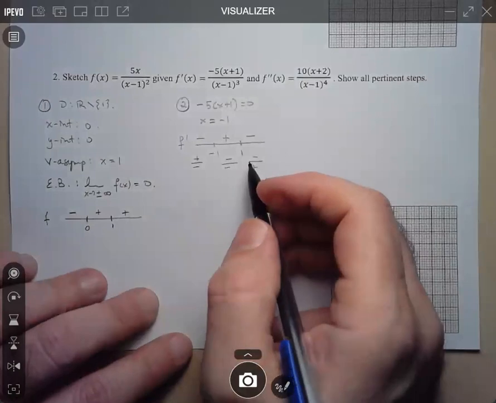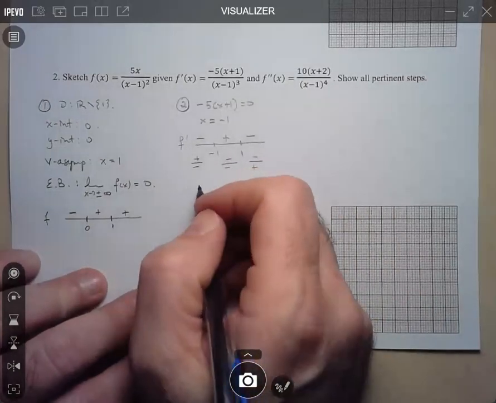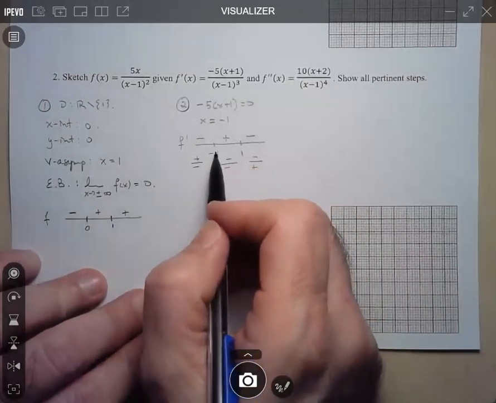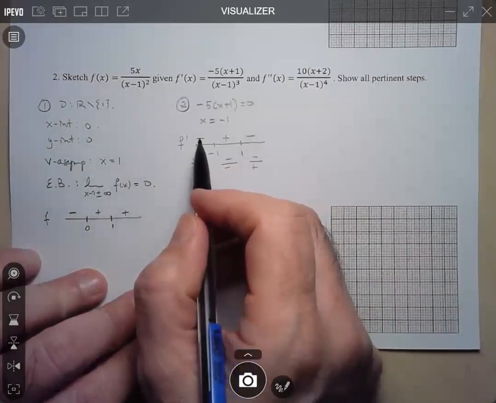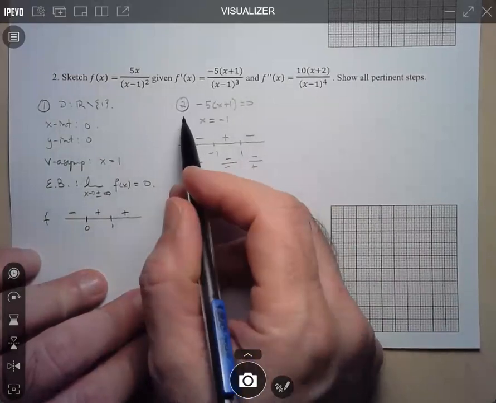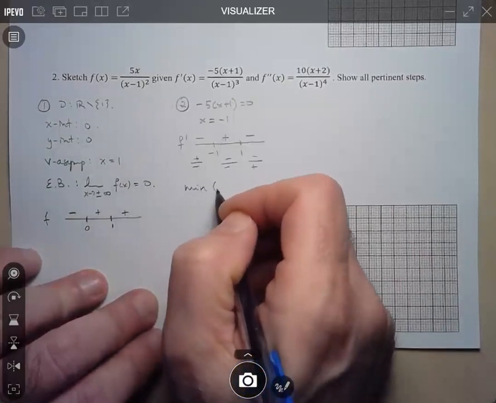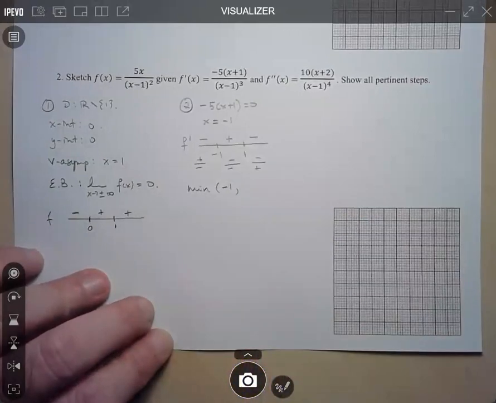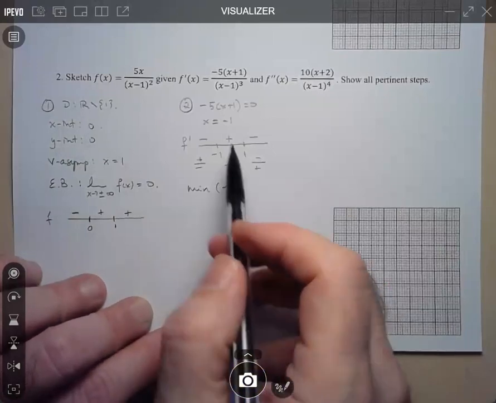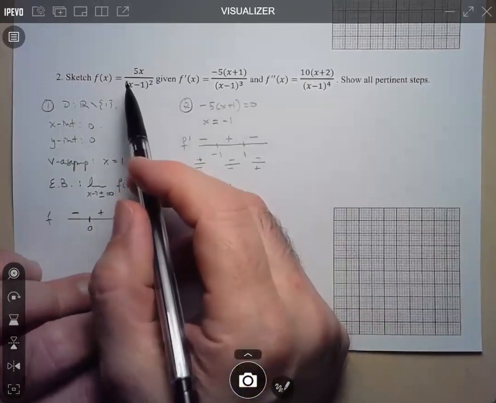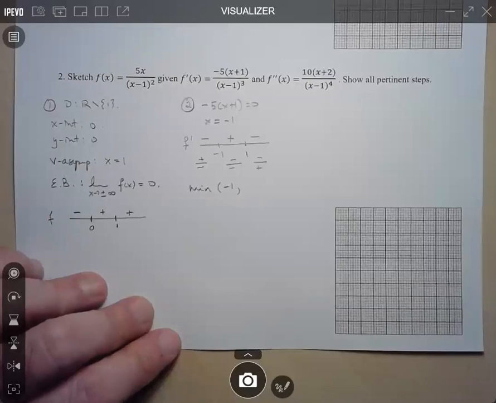So now from here, we can see that at -1, the derivative is going from negative to positive. So in other words, from decreasing to increasing. So it looks like I have a min at -1, and I need to put this into my function to determine the value.